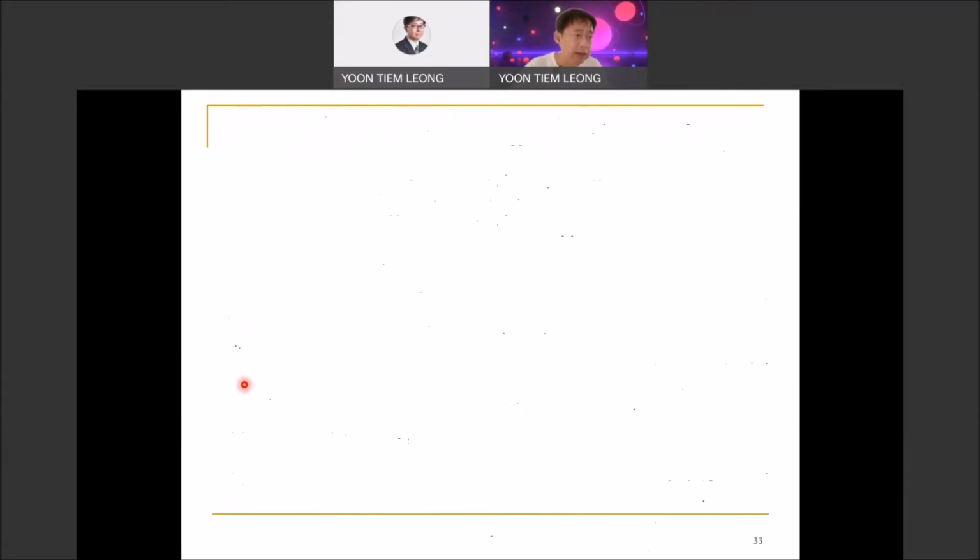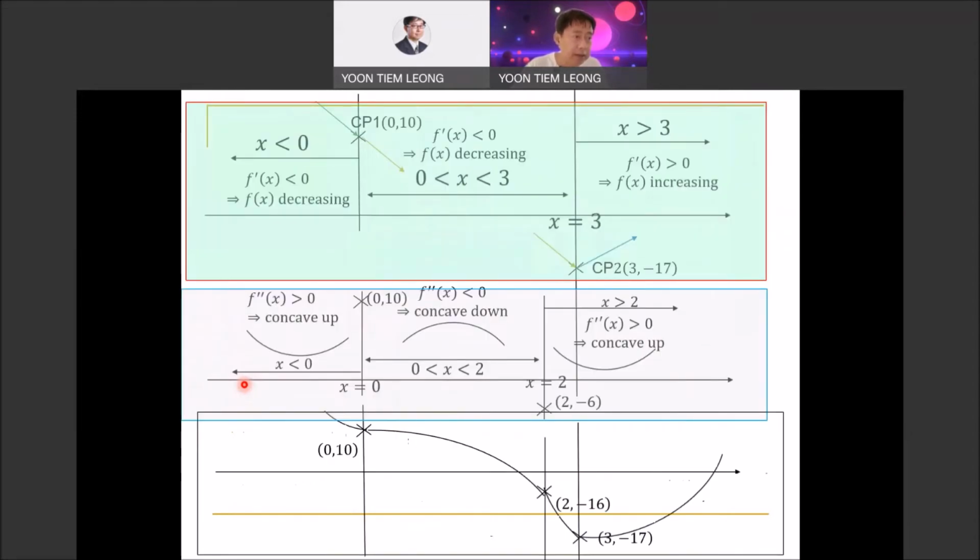So the green shape here is the information about the decreasing or increasing of the function in these three regions. And then this graph, which is sort of a grayish panel, contains information on the concavity of the graph. So here the region is divided into three, separated by x equals 0 and x equals 3. These are the three regions where the function has a different trend.